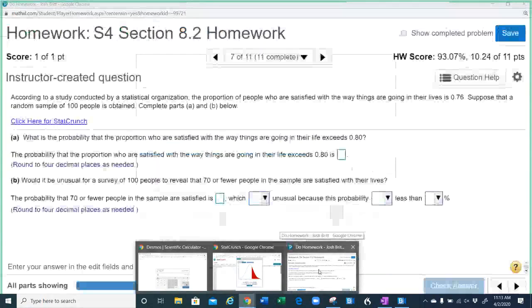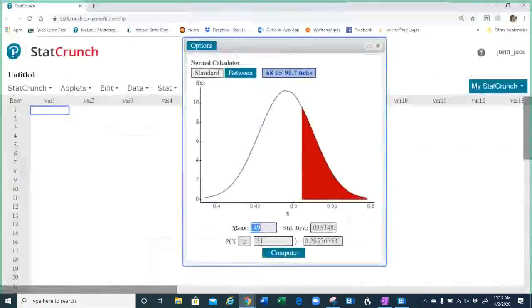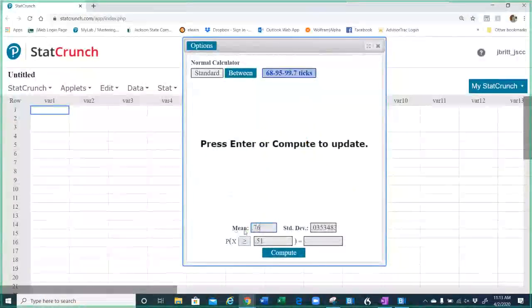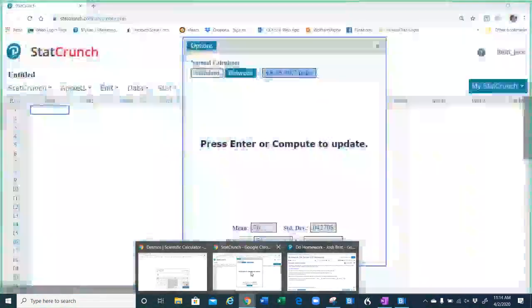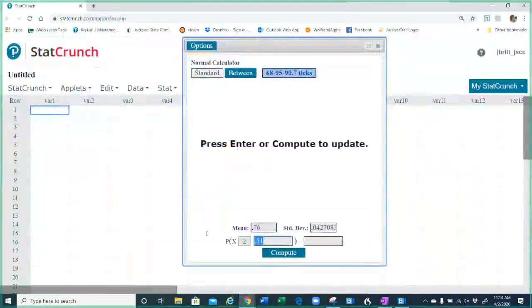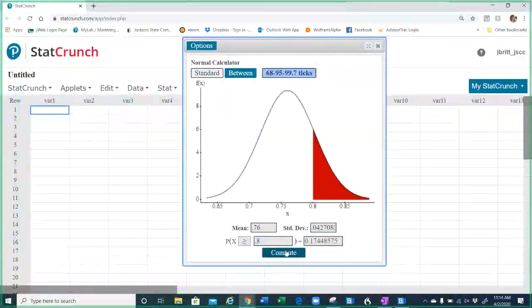And we wanted exceeds 80%. So the mean 0.76, standard deviation 0.0427, and exceeds 80%. So greater than 80%. We get 0.1745.